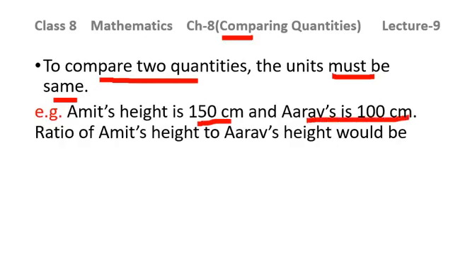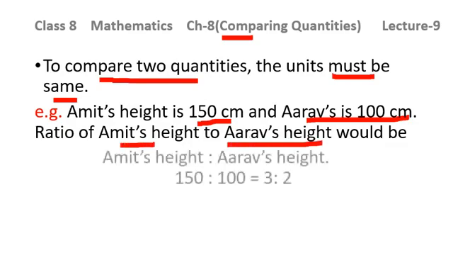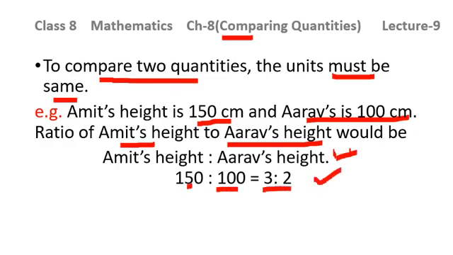We need to find the ratio of Amit's height to Arav's height. So you will write it like this: 150 ratio 100, which equals 3:2. So 3:2 will be the ratio of Amit's height to Arav's height.